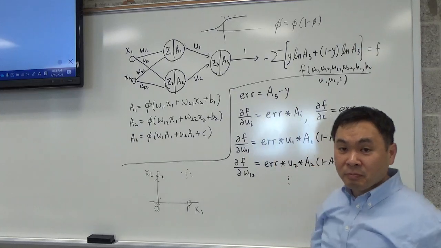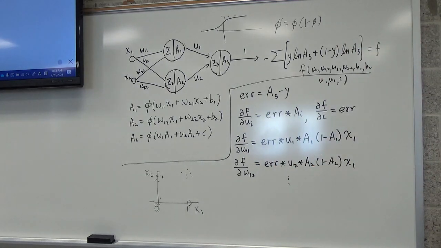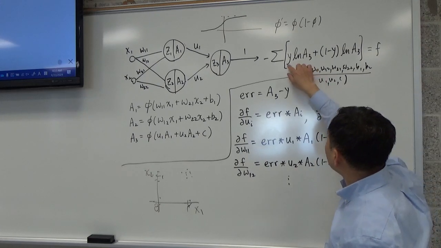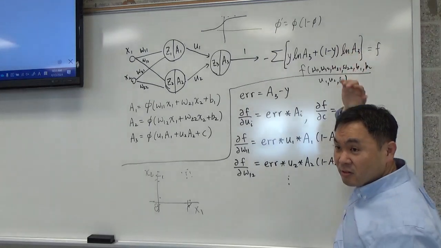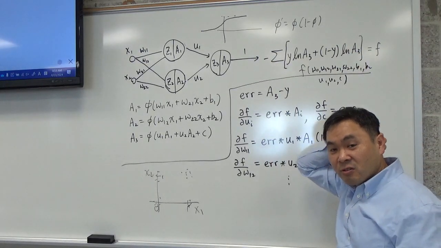Yes? Let's say our neural network is much more robust or complicated than the one we have on the board. Would the function still be the same inside the sigma? Inside the sigma notation? Yeah, this is called cross entropy. That's used for classification.